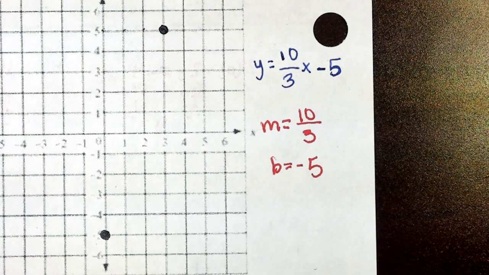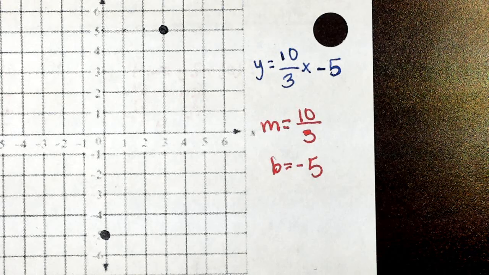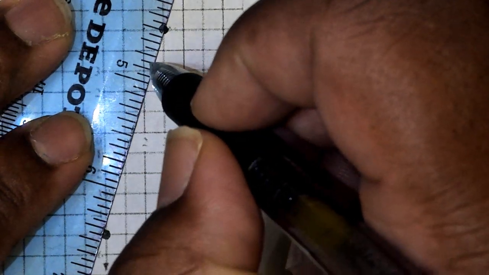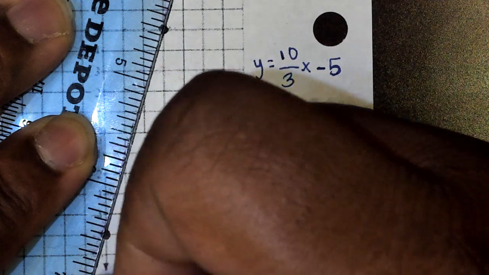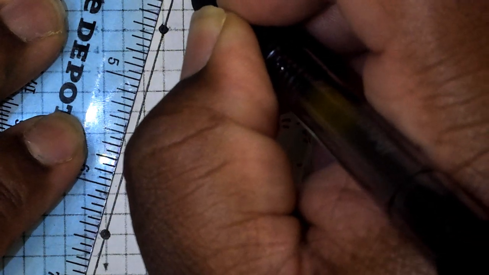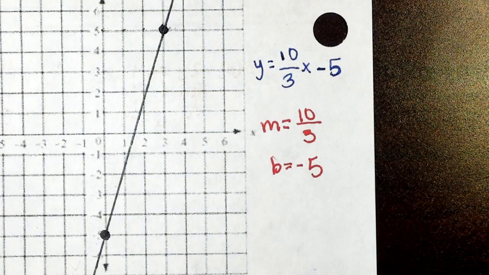Then my run is 3. 1, 2, 3. Here. And then I can draw a line. That's my line for y equals 10 over 3x minus 5.